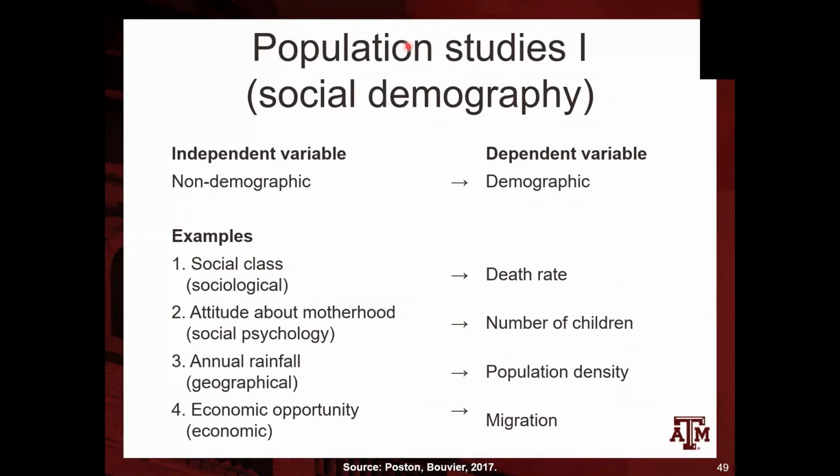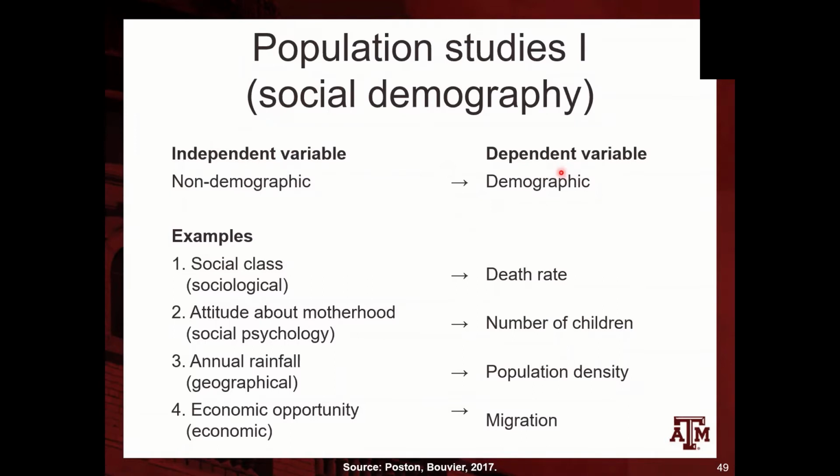And in this subgroup, called Population Studies 1, we have a non-demographic variable as the main independent variable, the variable that will explain changes in our dependent variable, which is demographic.